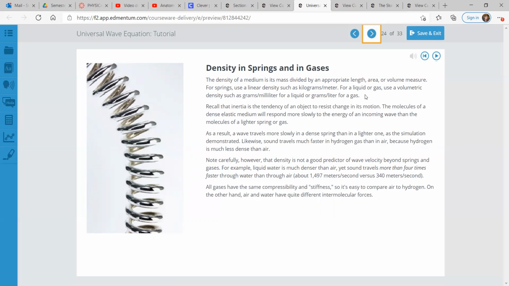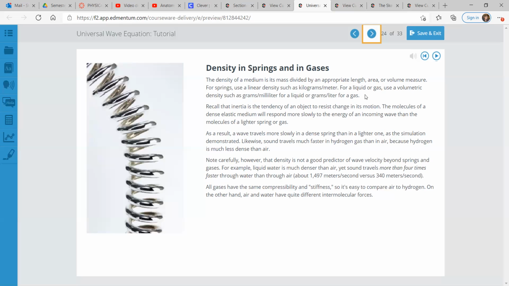If you recall, inertia is the tendency of an object to resist change in its motion. The molecules of a dense elastic medium will respond more slowly to the energy of an incoming wave than the molecules of a lighter spring or gas. As a result, a wave travels more slowly in a dense spring than in a lighter one, as the simulation demonstrated. Likewise, sound travels much faster in hydrogen than in air, because hydrogen is less dense than air.